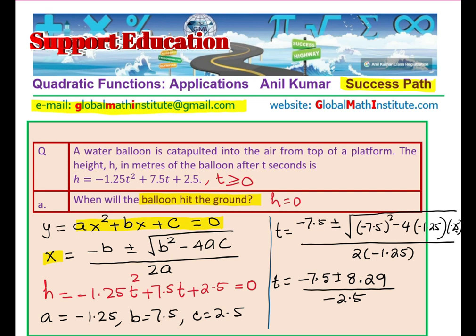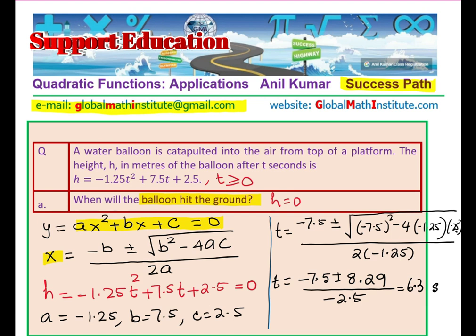And our result is 6.3. So I'm going to round this to one decimal place and write it as 6.3 seconds. So the ball actually hits the ground 6.3 seconds after it was catapulted, right? So you write the whole sentence as your answer. Correct? Simple as that.